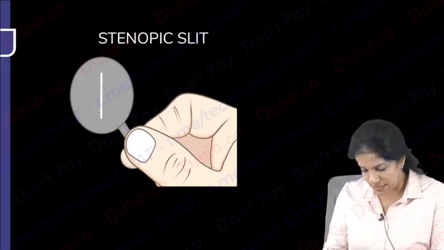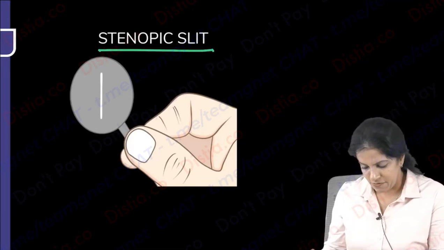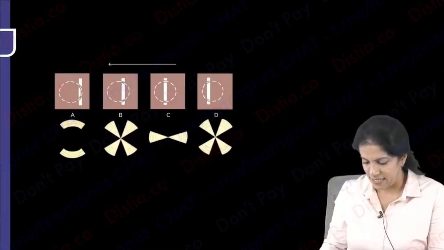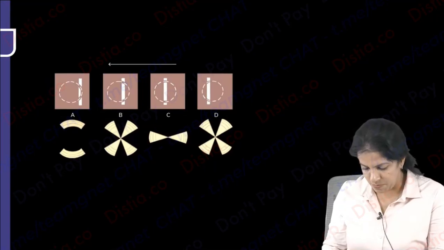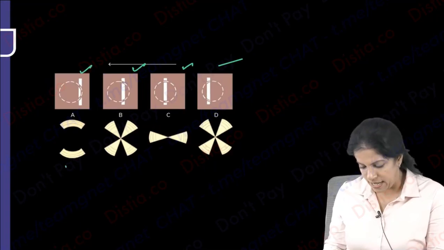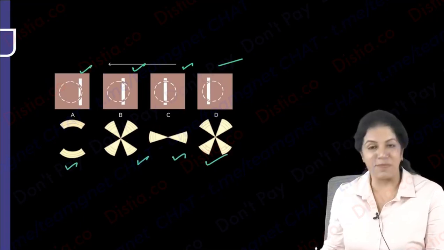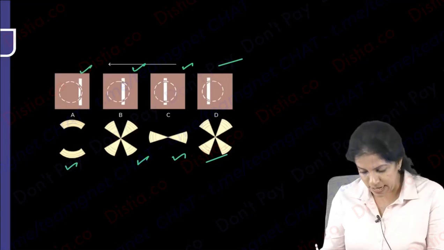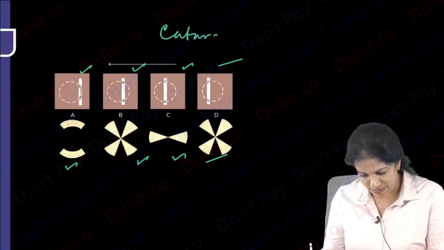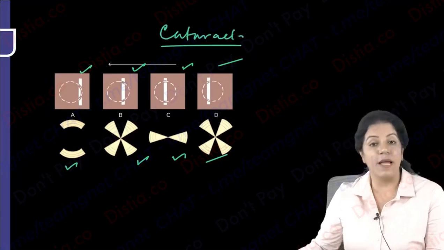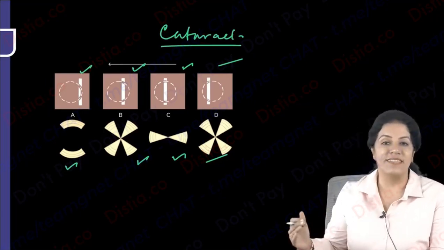When you pass it in front of the patient's eye, the stenopic slit is passed through the pupillary area like this. The halos are making and breaking in different shapes. If this is happening, this is a case of cataract. And if this is not happening, it is a case of acute congestive glaucoma.